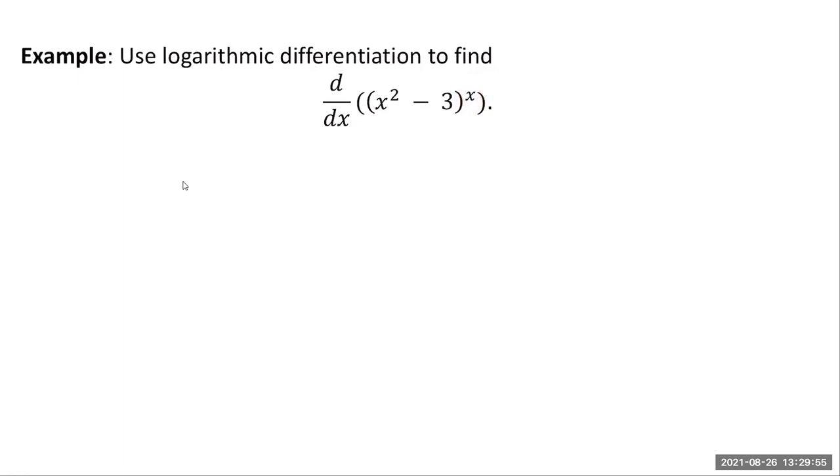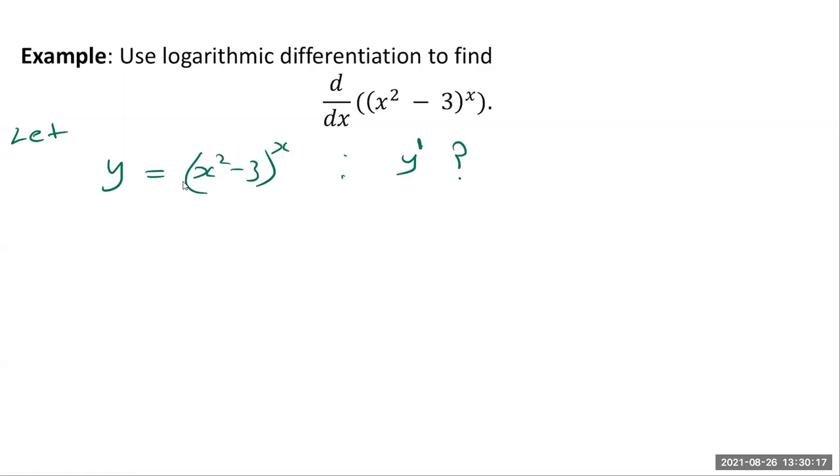Okay. So this is what I want to find the derivative for, right? So I'll take this function to be y. Let y is equal to x squared minus 3 whole thing to the power x. At the end of the day, I want to find y prime. Okay, that's what I want.